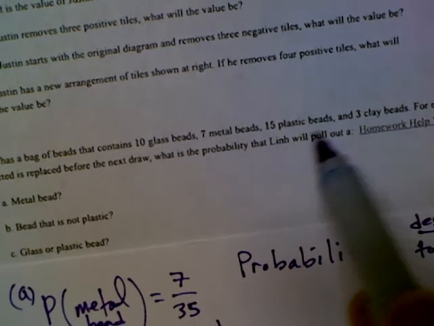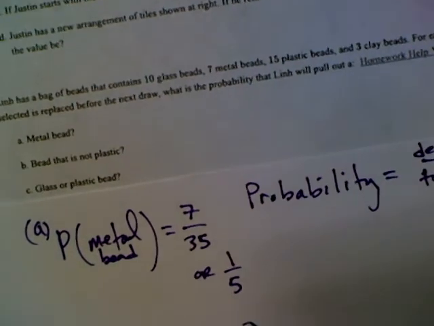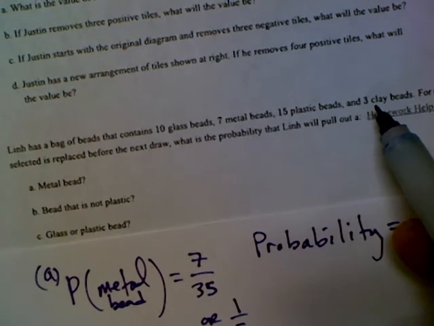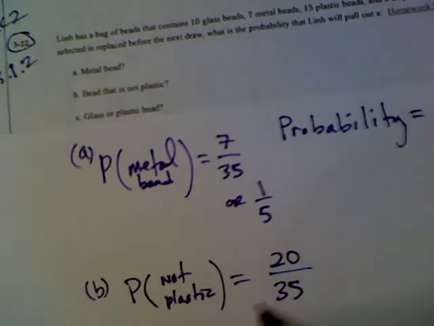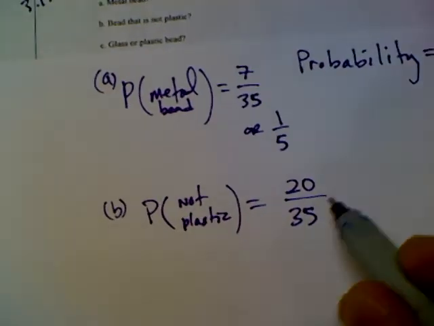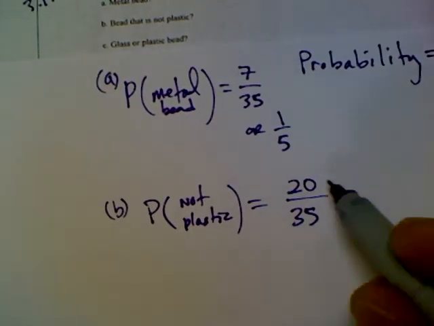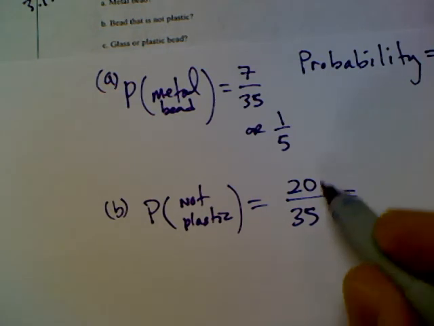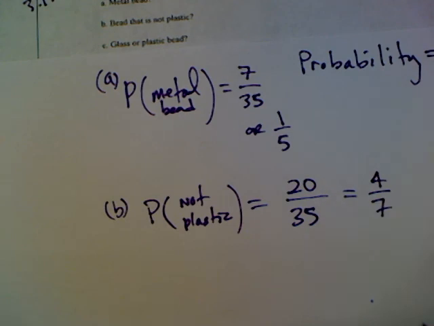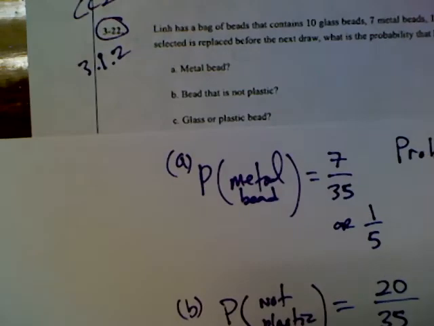So we add up the rest: 10 plus 7 plus 3 is 20. So not plastic would be 20 out of 35. And then that can be simplified because you can divide top and bottom by 5 to get 4/7.